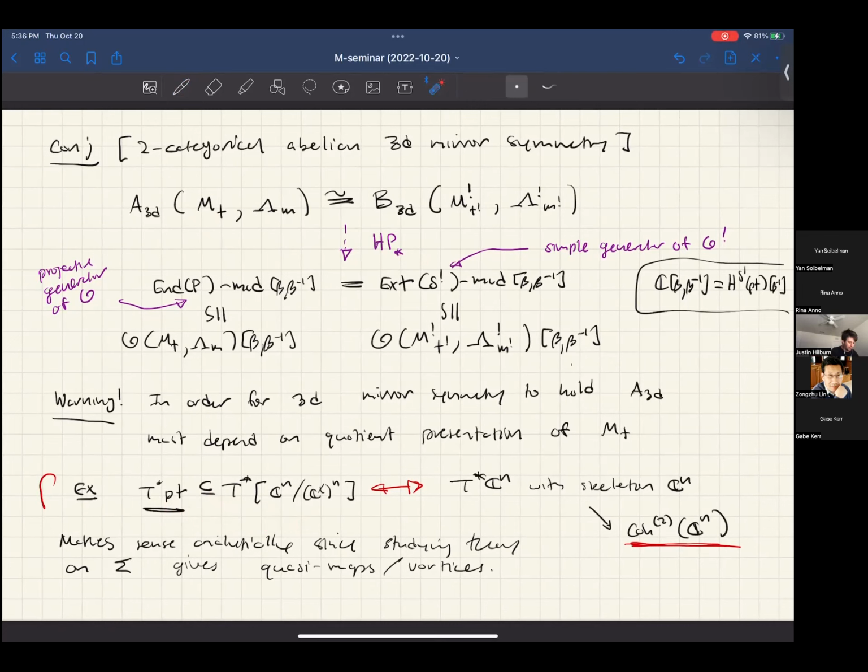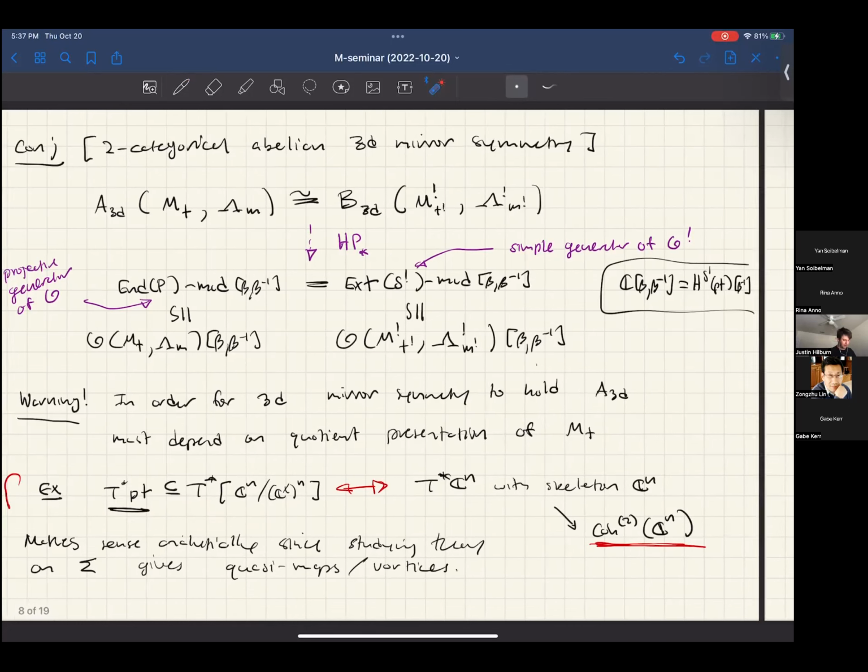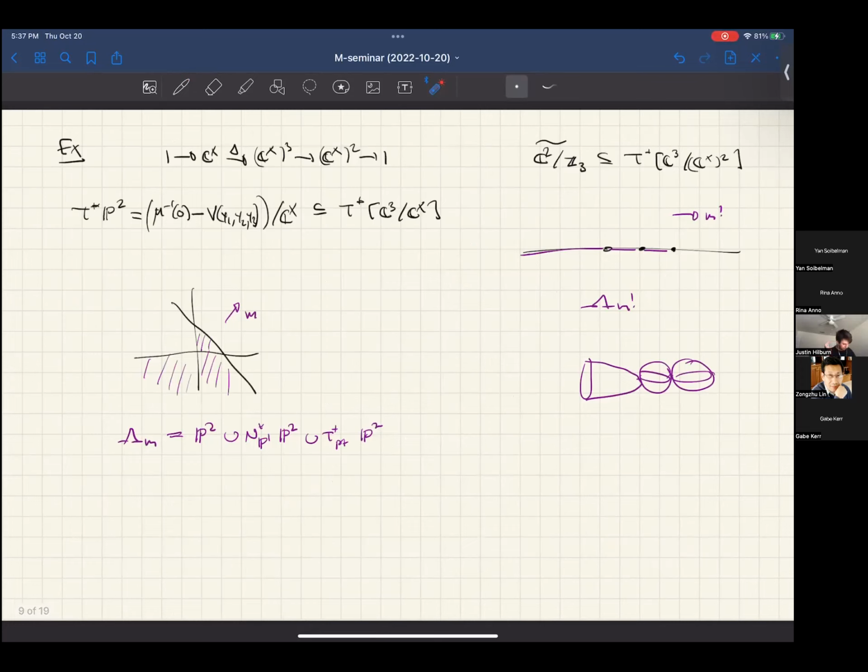And quasi-maps depend on an embedding of your variety into a stack. So there's something about this compactification that's visible. Anyway, in some ways it's a flaw of the theory, but in some ways it just has to be. Anyway, I just wanted to say that.